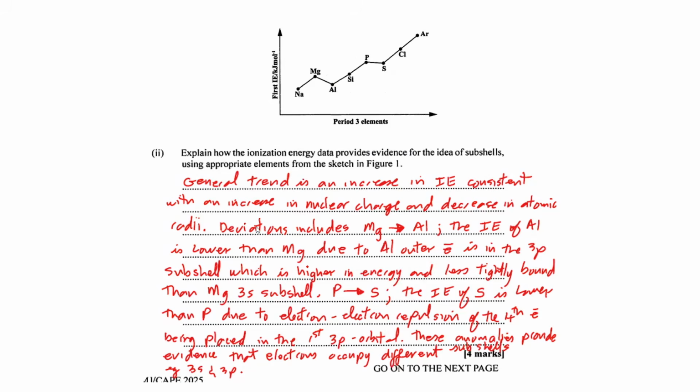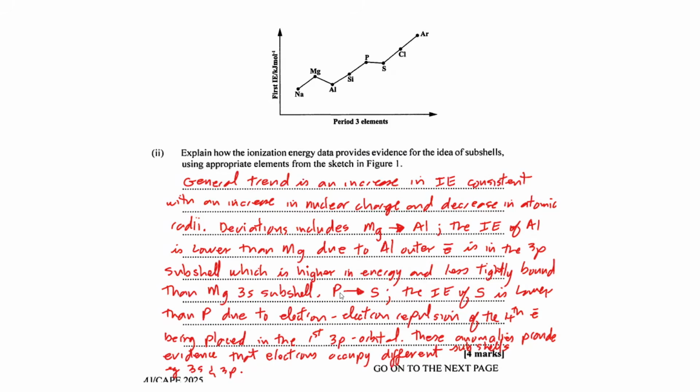The deviations include magnesium to aluminum. We'll discuss that one first. So the ionization energy of aluminum is lower than that of magnesium due to the aluminum outer electrons, and this is in the 3p subshell, which is higher in energy and less tightly bound than the magnesium 3s subshell.